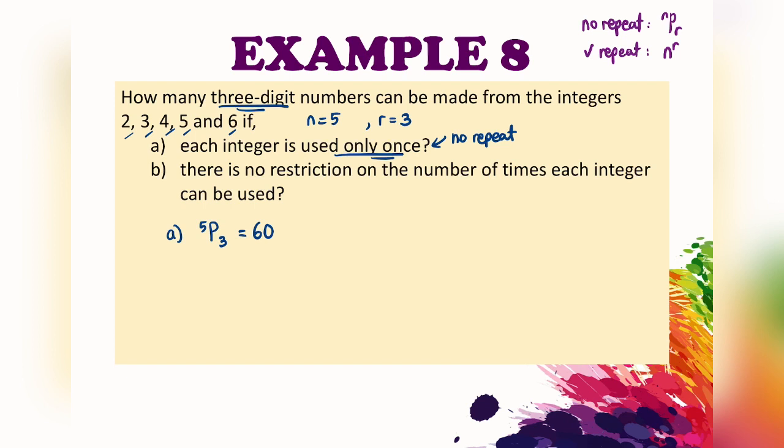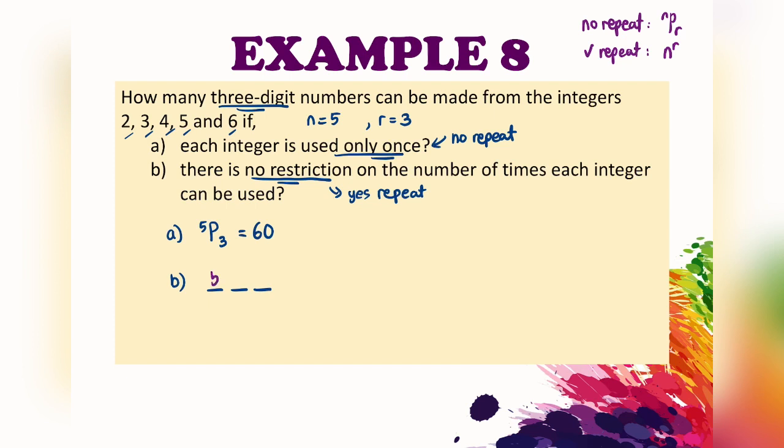Let's move to question B. There is no restriction. If we look back on our notes, no restriction means we can repeat. So we want to arrange 3-digit numbers from 5 integers, and repetition is allowed. On the first place, there will be 5 possible integers.